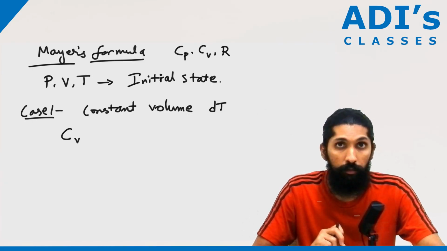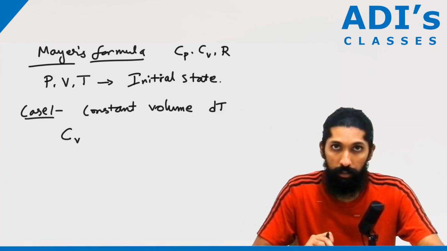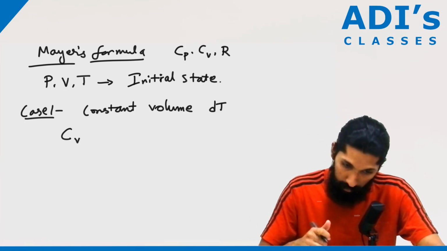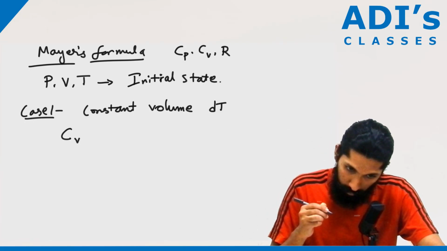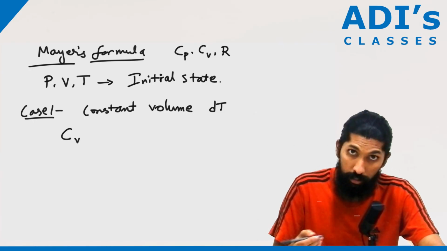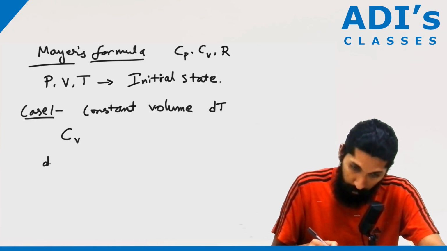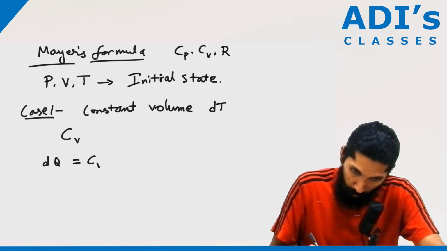We are increasing the temperature, correct? So we'll talk about the energy. The amount of energy supplied we call dq. So dq will be equal to Cv into 1 into dT.